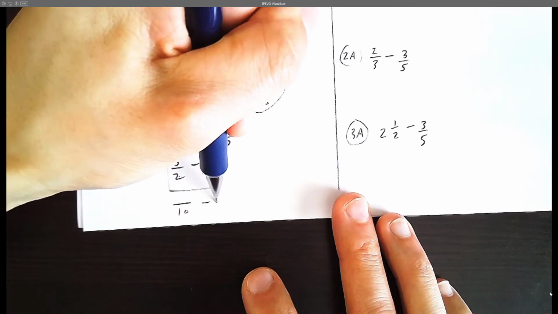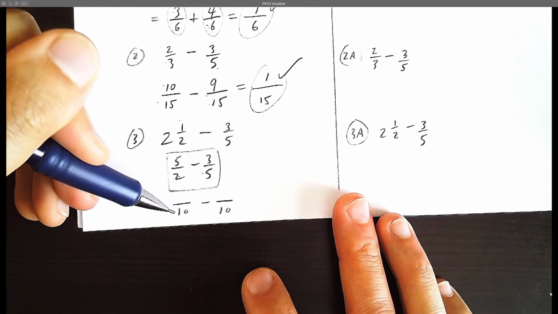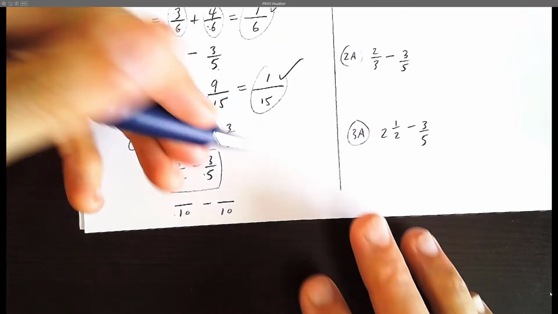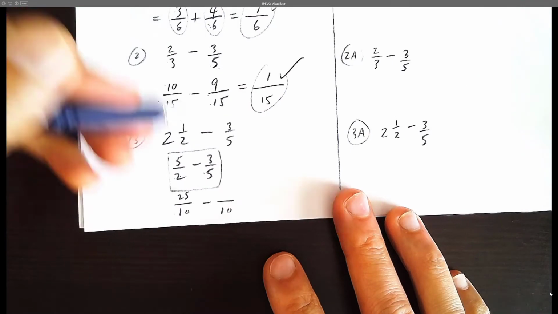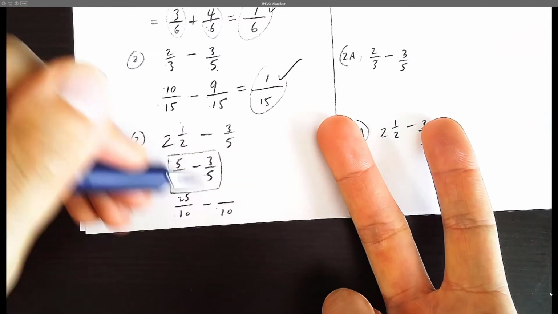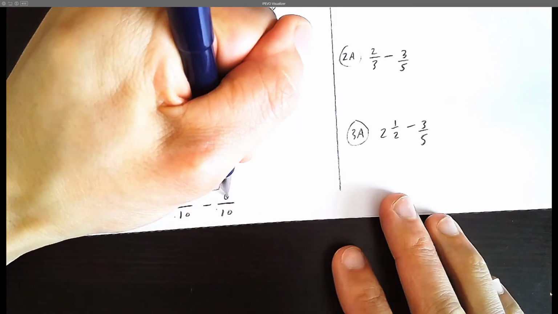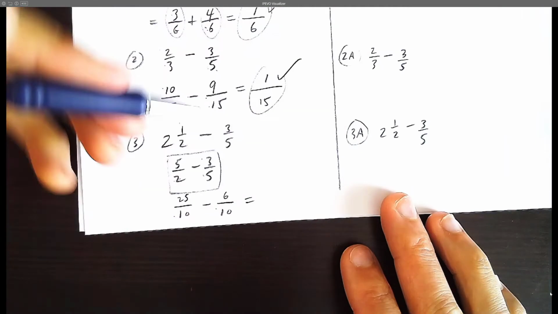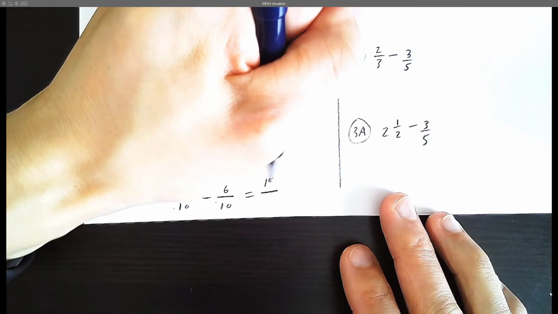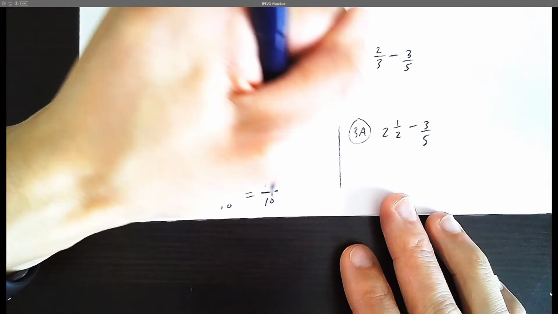That's one way of doing it. 5 times 5, the numerator, is going to be 25. 5 times 2 is 10. 2 times the top, 3, is going to be 6. 25 minus 6 is going to be 19 over 10.